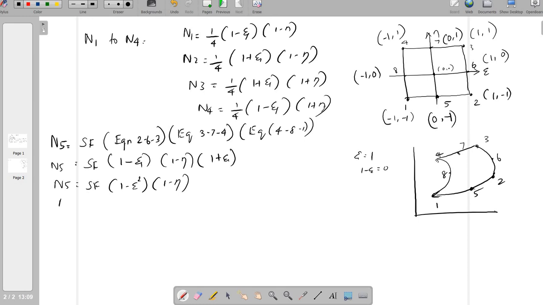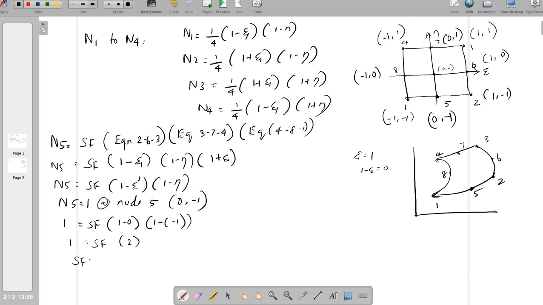For this we know N5 is equal to 1 at node 5. Node 5 has the coordinate of 0 comma minus 1. So applying the coordinate, 1 is equal to scale factor into 1 minus 0, and 1 minus of minus 1. So it is scale factor into 2, which is equal to 1.